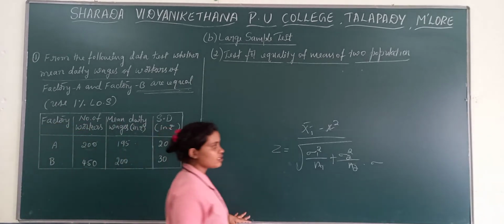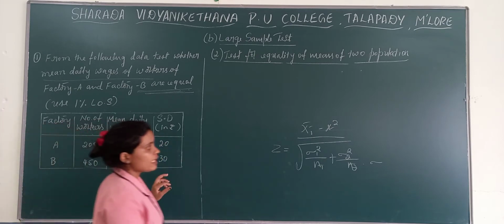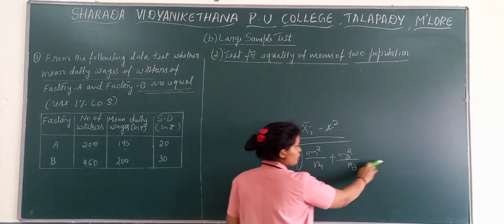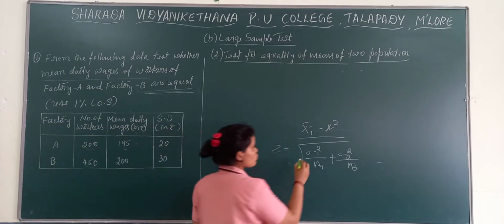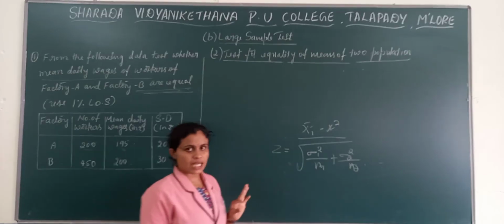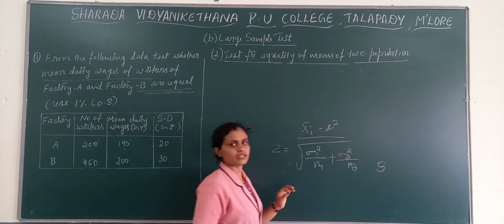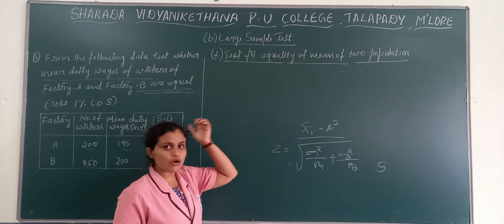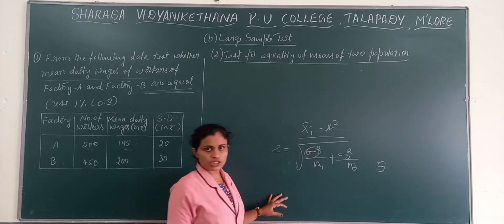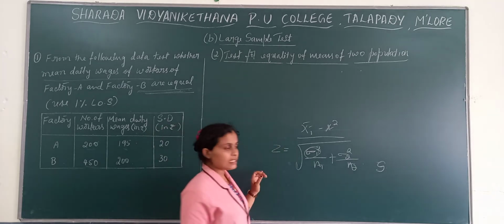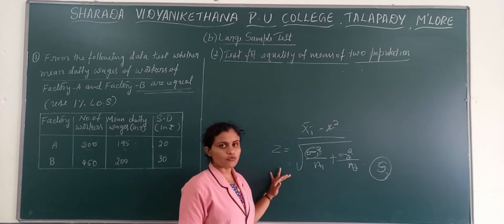Since it is in the form of a table, we can directly substitute the values given. Sometimes, in a word problem, if they do not mention the population standard deviation, we can replace it with the sample standard deviation, as we did in the first application. So this is the formula.